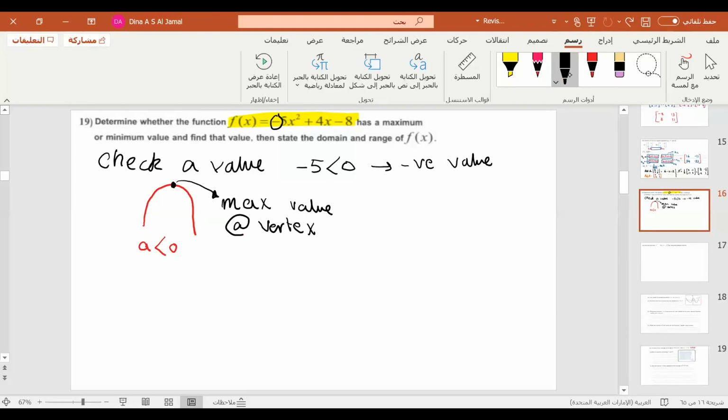So now we determine that it is maximum value and where it should be, at the vertex. So now how can we find the value? Let's find the vertex. The easiest way is that you go to the axis of symmetry. X is equal to minus b over 2a. So let's determine together. A here is equal to minus 5, b is equal to 4, and c is equal to minus 8. Now let's substitute.